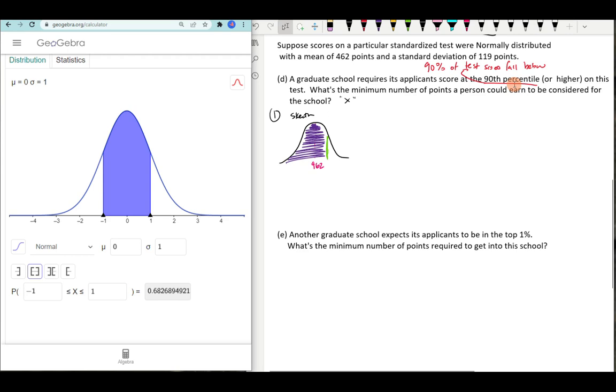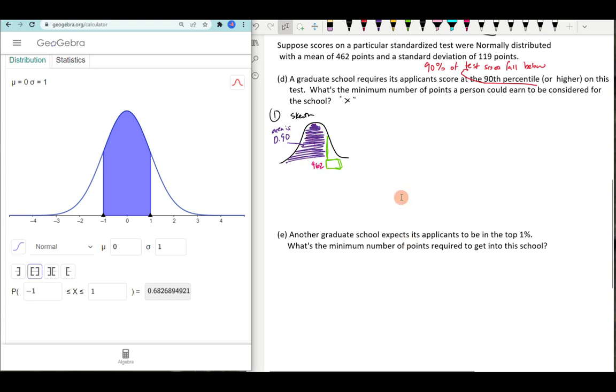And I want to know, what does this score right here need to be? What point on the x-axis of the distribution do I need to be at so that the shaded area underneath it is 90%?